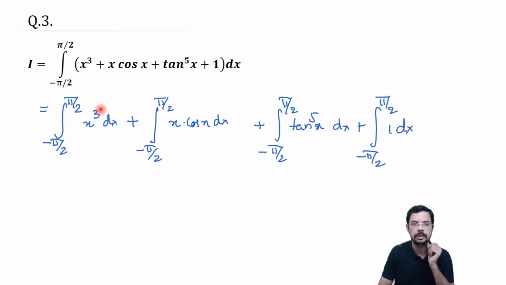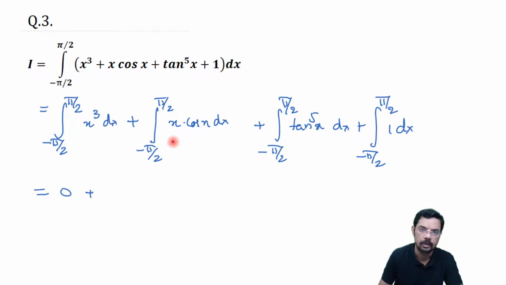See, in this case, the first one is 0 because x raised to 3 is an odd function. Again, x cos x is an odd function. This is odd, this is odd, this is odd, and this one is something that we don't know. Okay, we'll directly calculate.